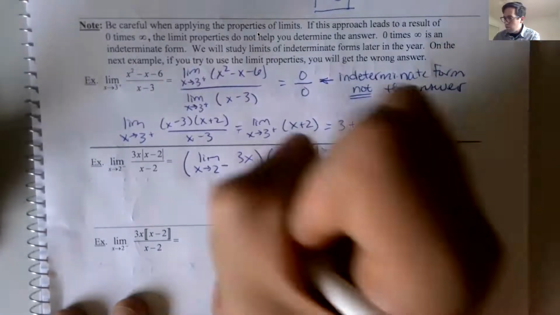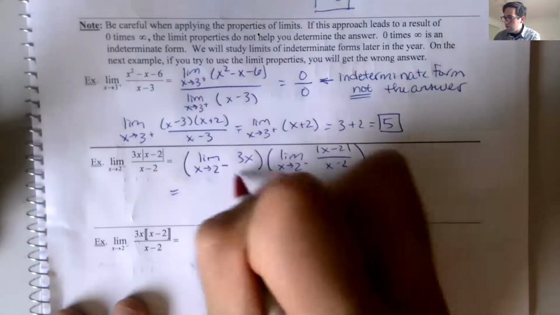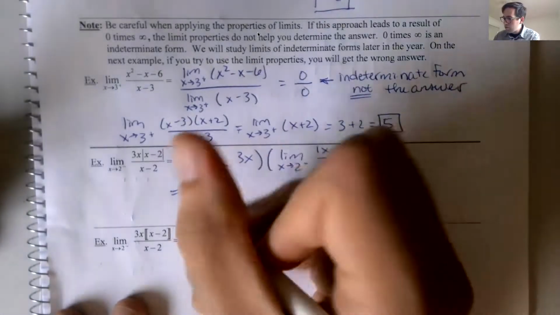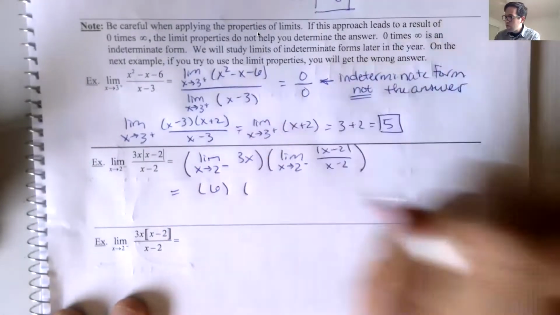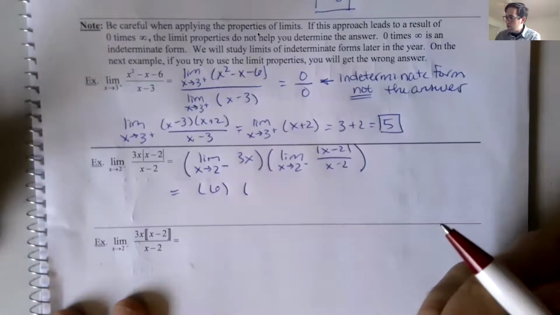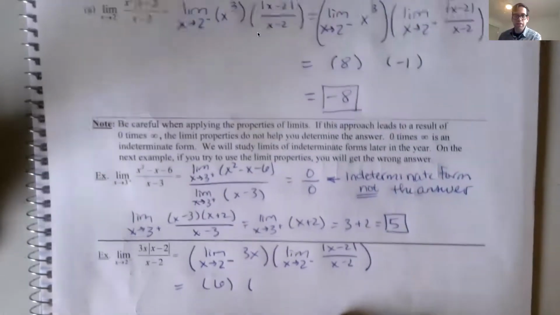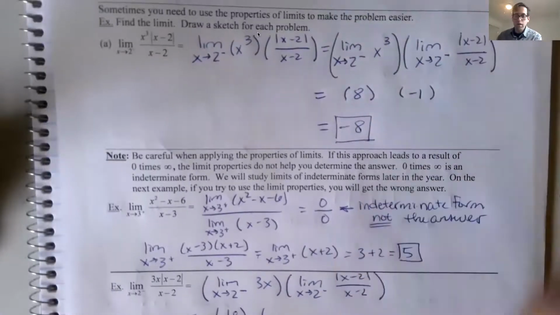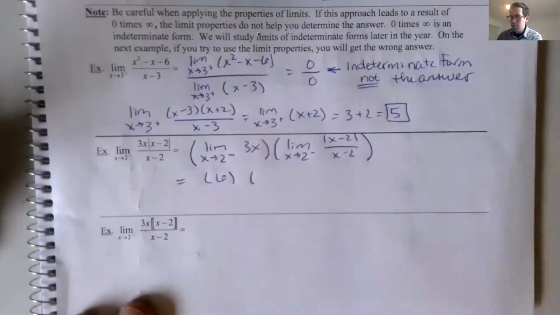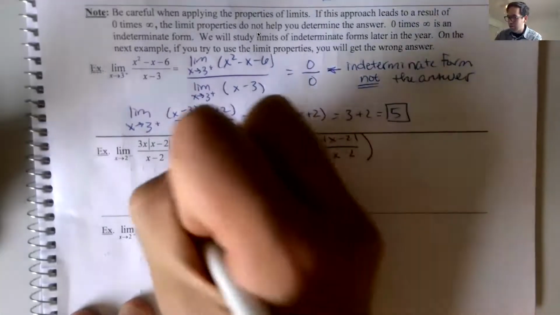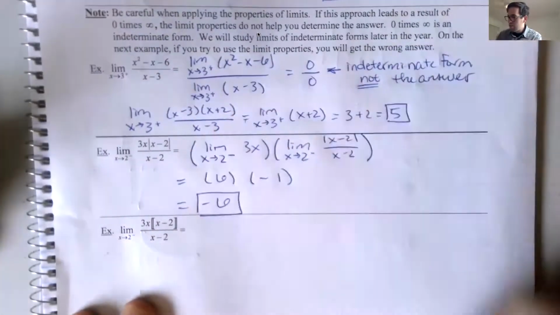And then we can plug in, for the first part, we're going to get 3 times 2, which is 6. And for the second part, we can take a look at the graph again if we want. It's actually the same exact limit that we just did up here. And the answer was -1. So it didn't change. It's still the same question. So it's -1. And so we have -6.